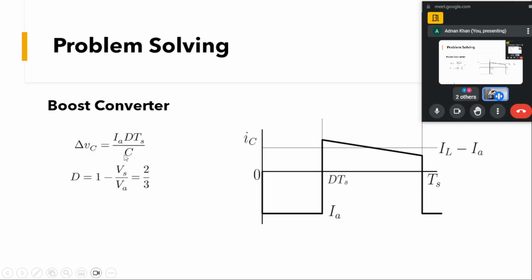Now we know the current through the capacitor is IC equal to C dV by dt.